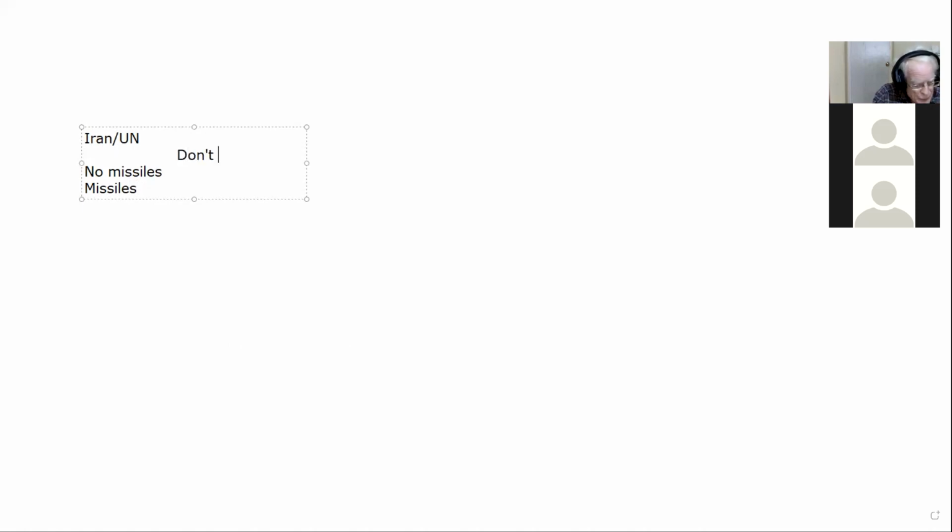And the UN is trying to decide whether or not to inspect the military facilities of Iran. And here are the payoffs in terms of political points.